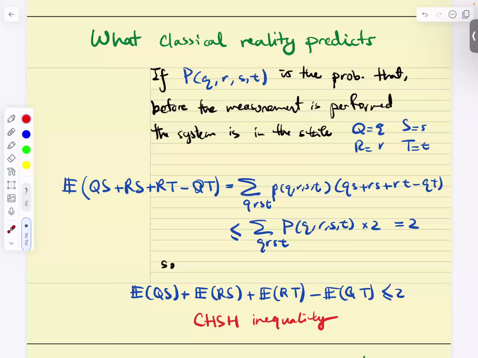This is called the CHSH inequality. I'm going to get their names wrong. Important people, but I'm not going to say it anymore. I'll shut up at that point. All right, good. CHSH inequality.